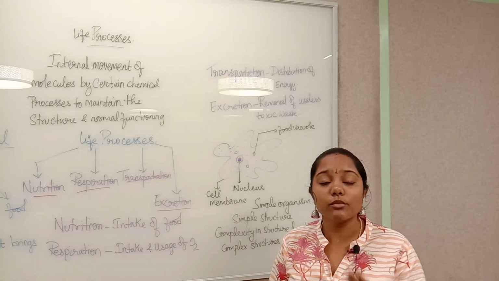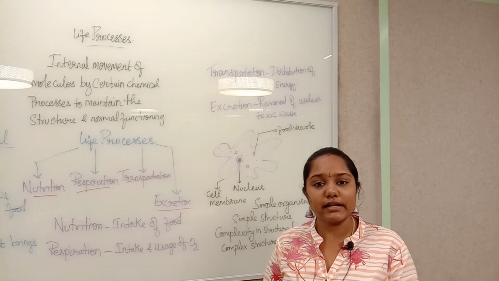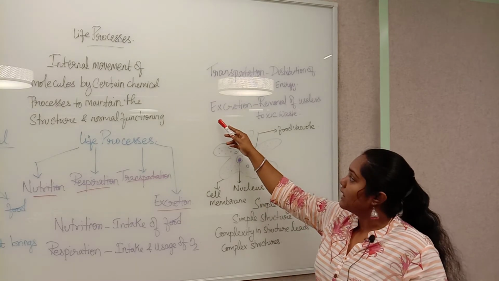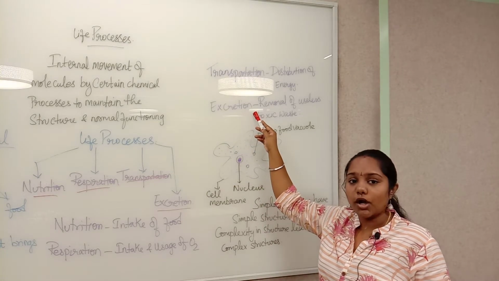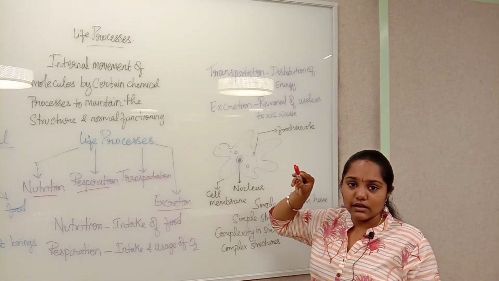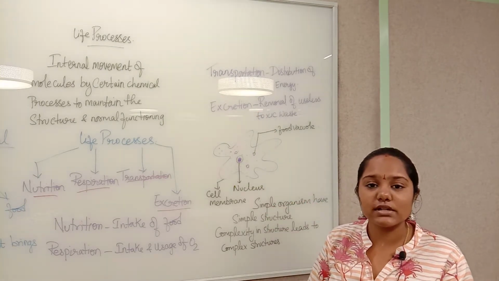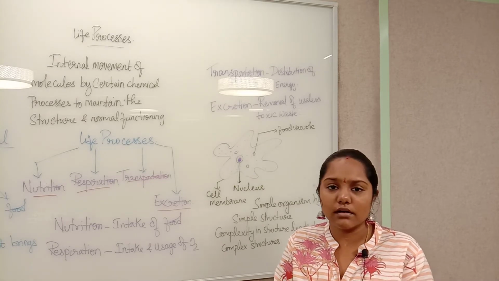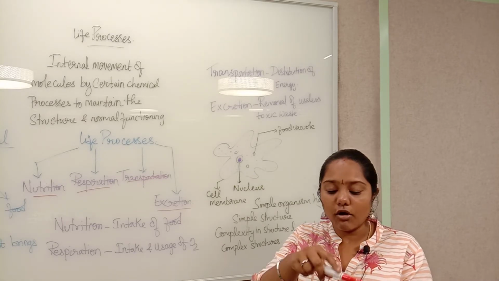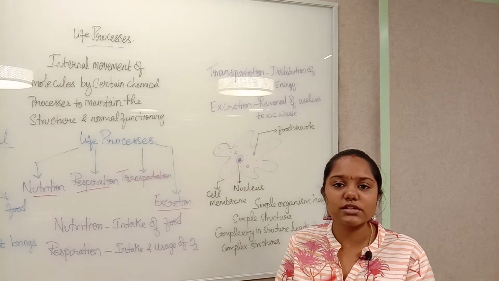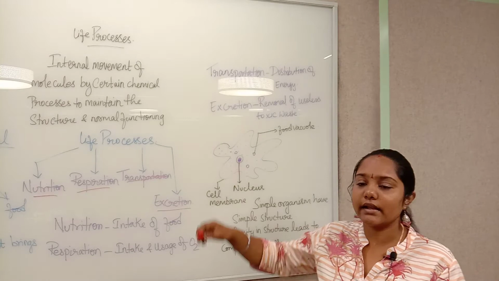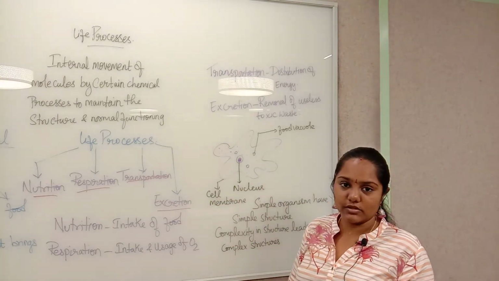That has to be removed from the body at any cost. Now that work is carried out separately by the process called excretion. Now this waste that is useless and toxic can be in the solid form, liquid form or gaseous form. All these three forms of useless toxic waste have to be removed, which is specially carried out by the excretion process.